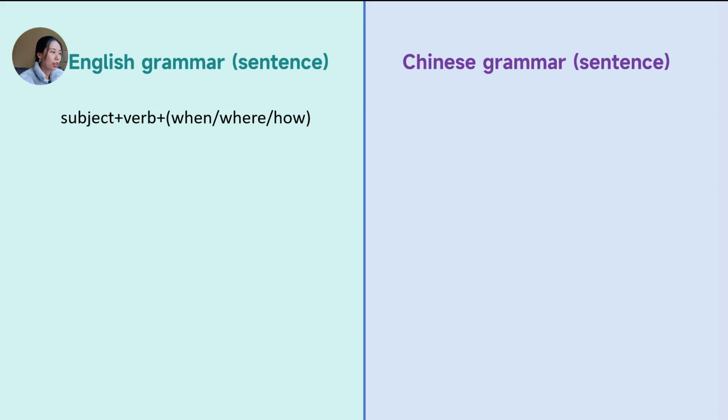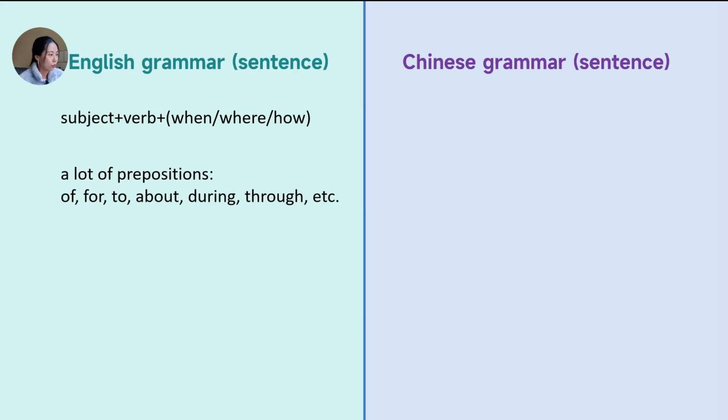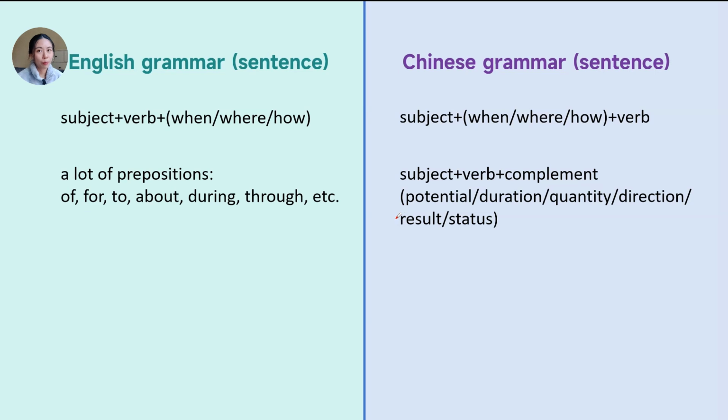And in English, there's also a lot of prepositions like of, for, to, about, during. Like, there's a lot. In Chinese, we would put some details in the middle and then the verb later. But it's not always like this. We would also put some details after the verb, and we call that complement.